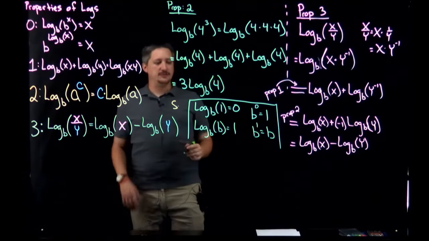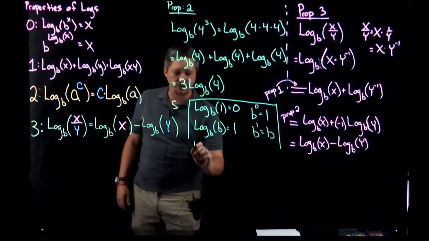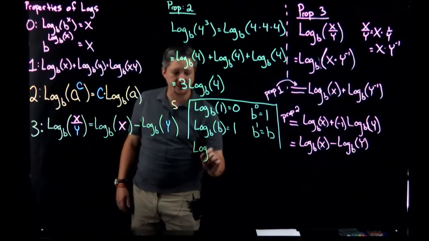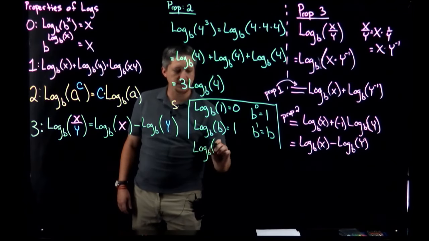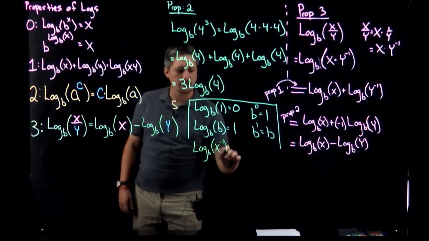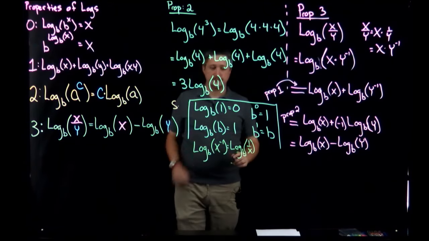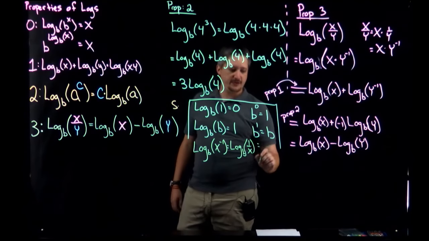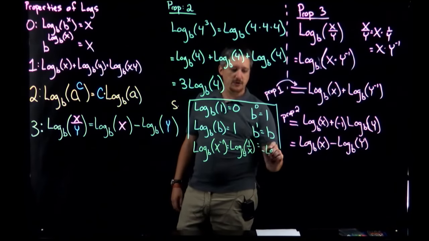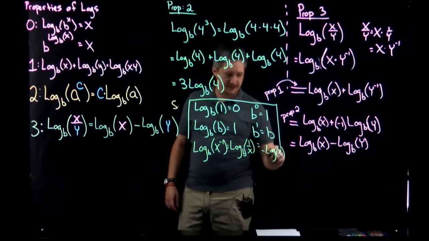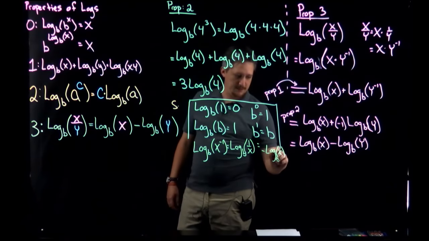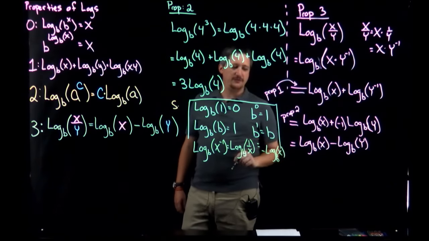The last one that comes up a lot, which comes up in two different forms even though they're the same thing. Log base b of x to the minus 1, which is the same as log base b of 1 over x, is just negative log base b of x.